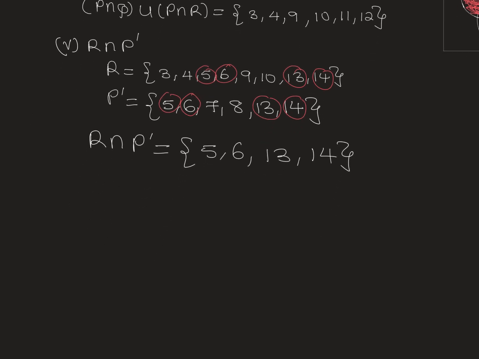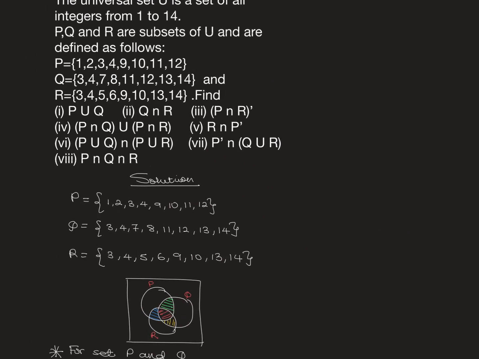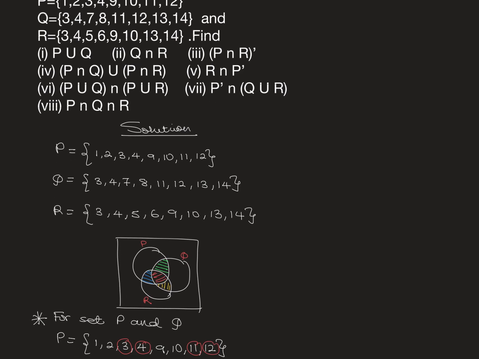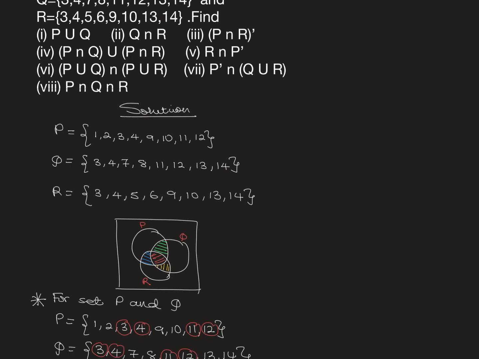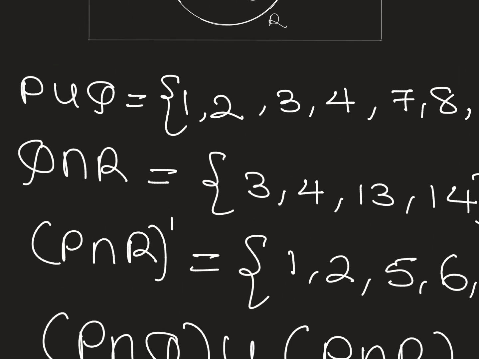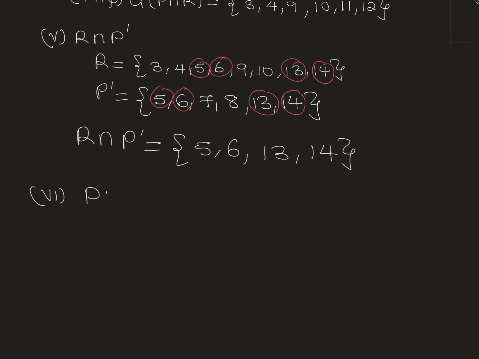Let's move on to answer the sixth question. The sixth question is P union Q intersection P union R. This is what we want to identify.